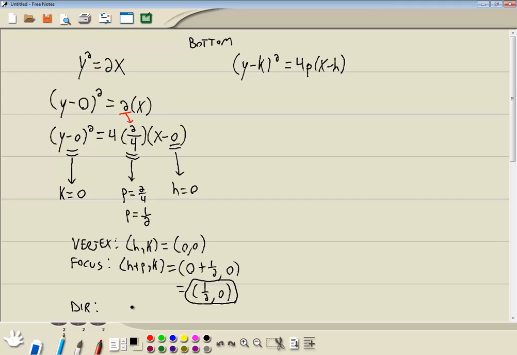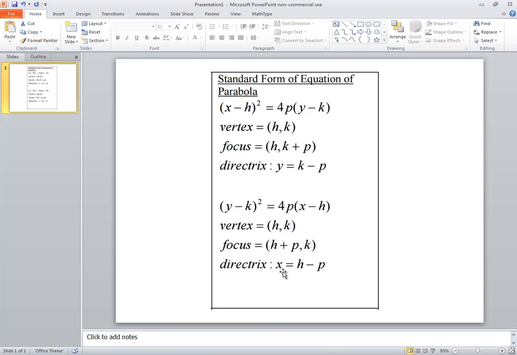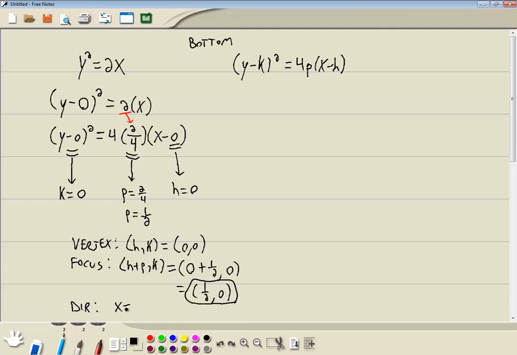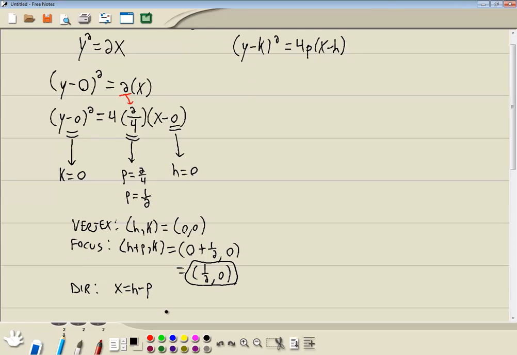Now our directrix. Again, we're looking at the bottom formula. I always write down top and bottom so I can keep that straight. Our bottom formula says the directrix is x equals h minus p. We said h is 0 and p is 1/2, so x equals 0 minus 1/2, or x is equal to negative 1/2. That's our directrix, the second thing our problem is asking for.